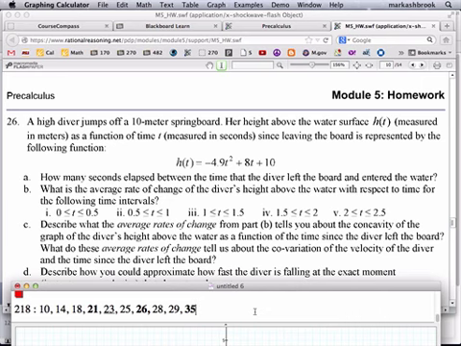Yeah, 26? We're going to do 26 and 35 for sure. Other suggestions? Yeah, you do 29. 29? Last chance to nominate a problem.